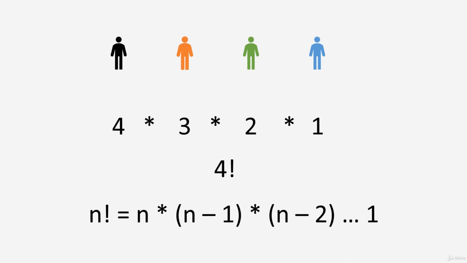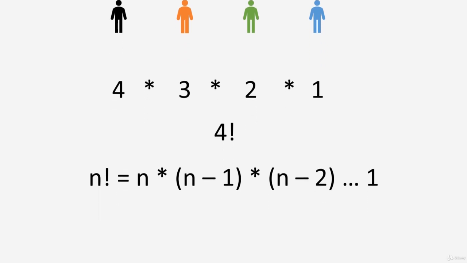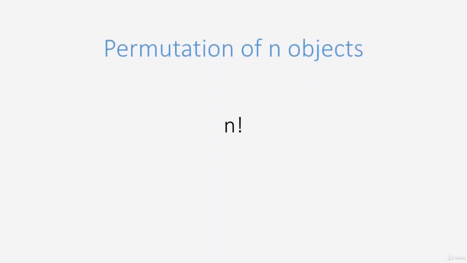In general, factorial of n is n times n minus 1 times n minus 2 and all the way up to 1. So, for example, factorial of 6 will be 6 times 5 times 4 times 3 times 2 times 1. And factorial is also the general result of permutation. So, if you have permutation of n objects, the result will be factorial of n.